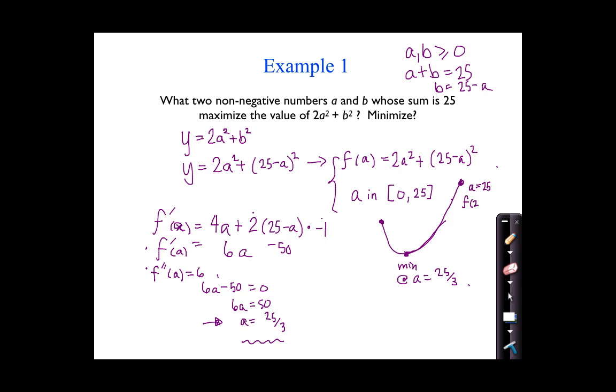So f of 25 is 1250. And back at 0, which is the other endpoint, f of 0, if I sub in a equals 0, this part's 0 and this part's 25 squared, so 625.